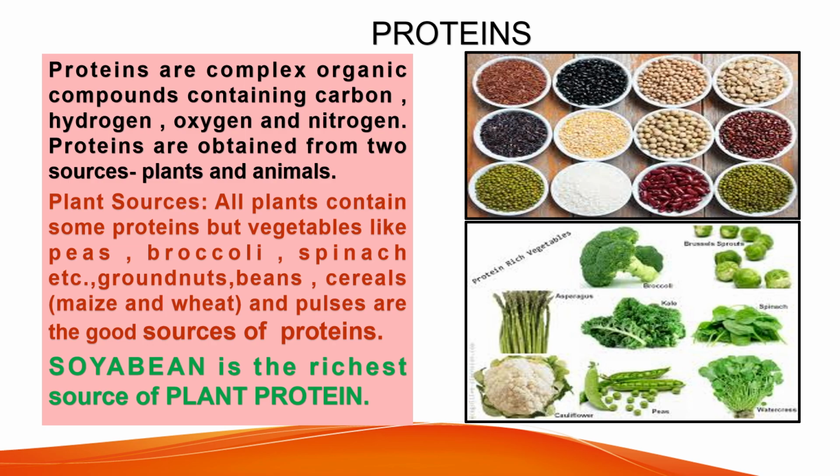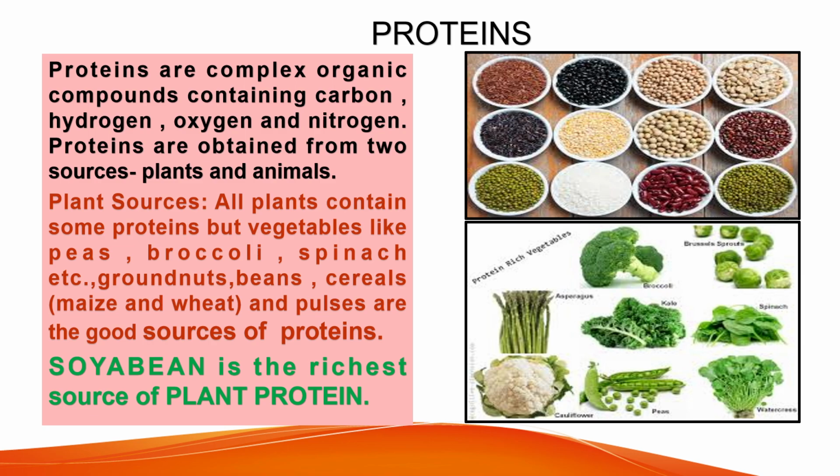So if we talk about plant sources, all plants contain some proteins, but vegetables like peas, broccoli, spinach, etc., contain a good amount of proteins, and others are groundnuts, beans, cereals like maize and wheat, and pulses.